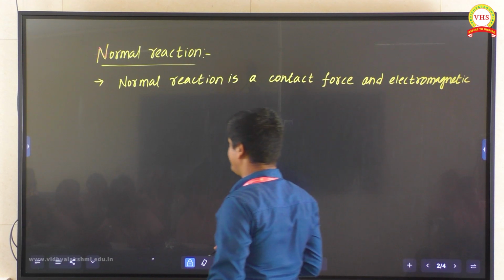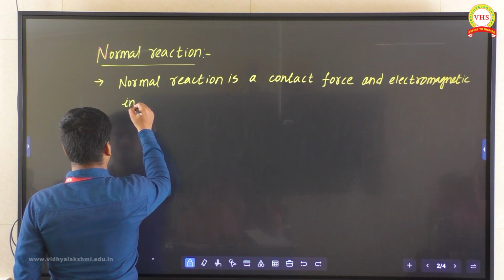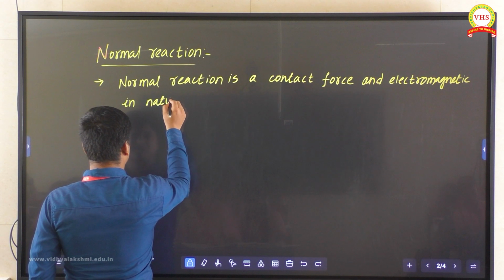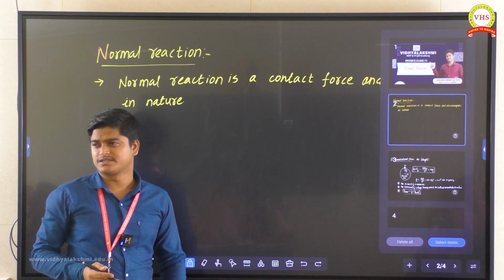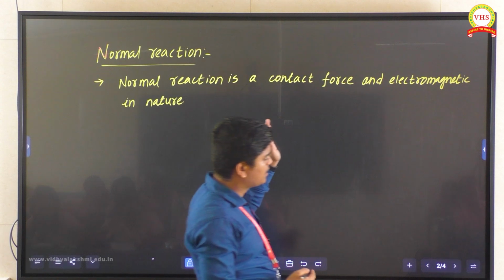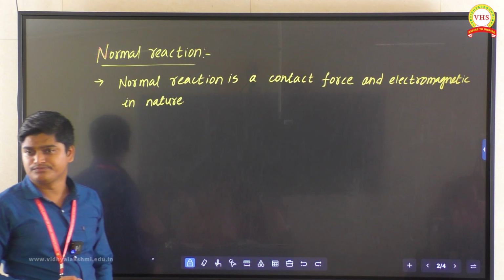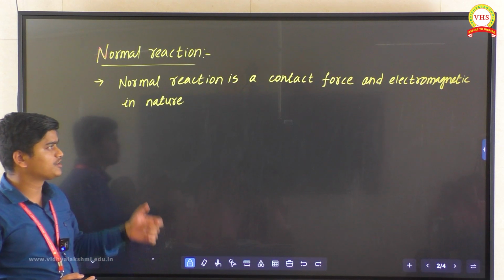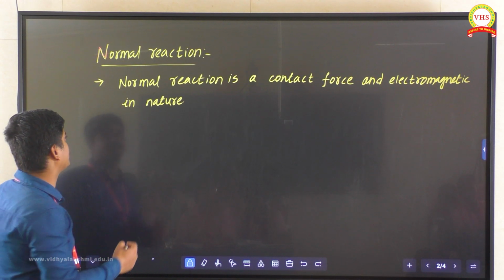If you see the origin of this force, it comes due to electromagnetic interaction of atoms of two objects. When a contact surface is there, this normal reaction is nothing but the electromagnetic interaction between atoms. So normal reaction is a contact force and electromagnetic in nature.